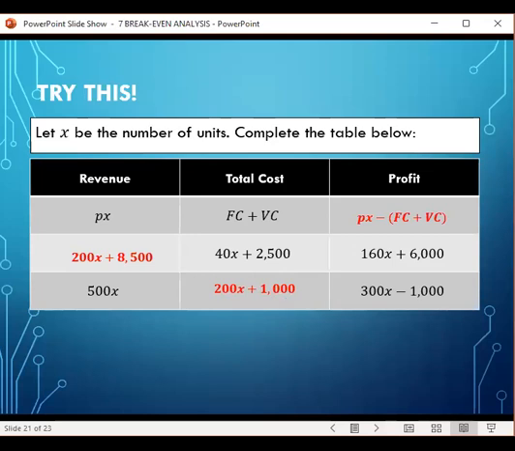Again, the total cost is equal to the revenue minus the profit. So revenue 500x minus 300x, you get 200x. Next, because this is minus and this is revenue minus profit. So negative, negative, so you have plus. So you have plus 1,000.